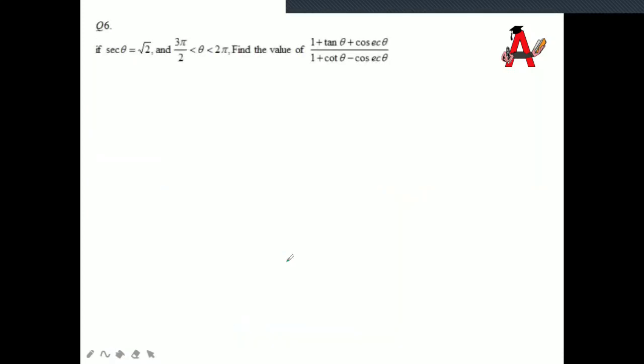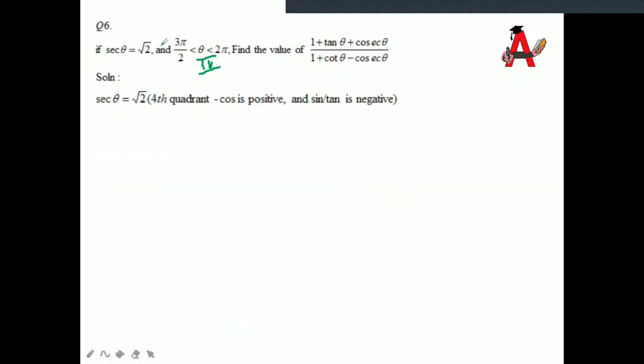The last question for this particular set of important questions is: if sec theta is equal to root 2 and theta is between 3 pi by 2 and 2 pi, which means it is in the fourth quadrant, find the value of (1 plus tan theta plus cosec theta) upon (1 plus cot theta minus cosec theta). First we will have to find the other values from sec theta. So sec theta is equal to root 2.